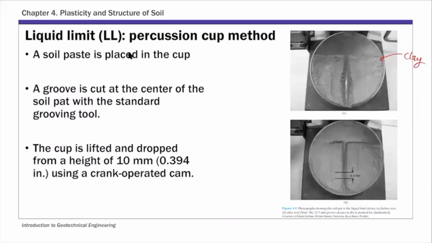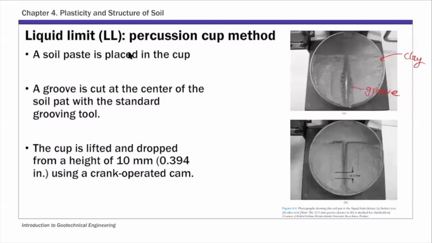And this clay paste or soil paste is placed in a cup, and you see there's a groove cut at the center. So you cut this groove with a standard grooving tool, at the center of your soil paste in the cup.